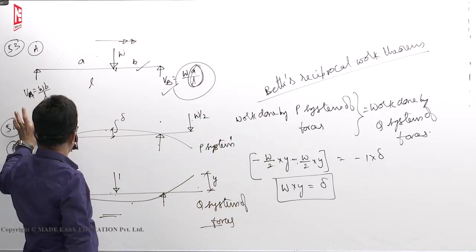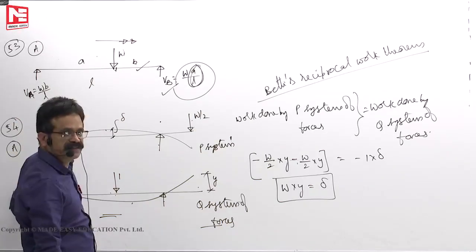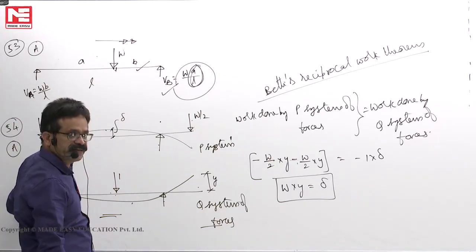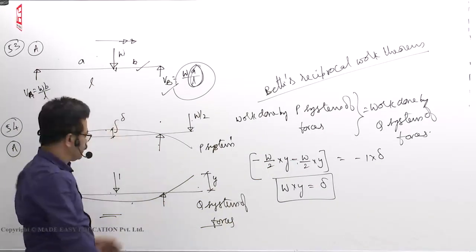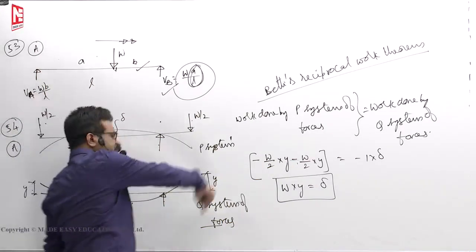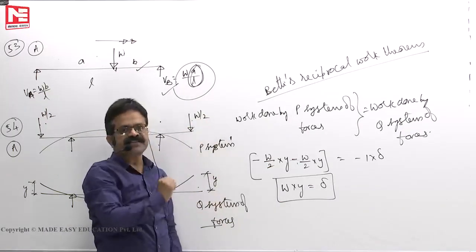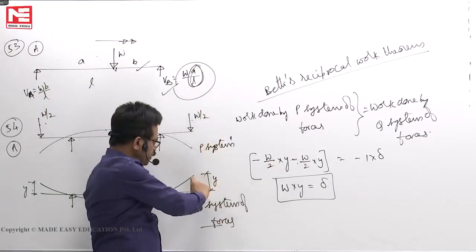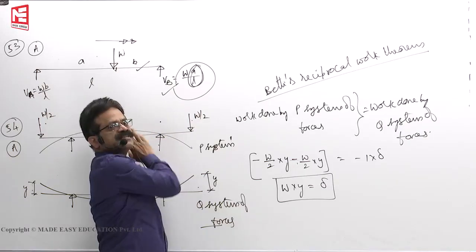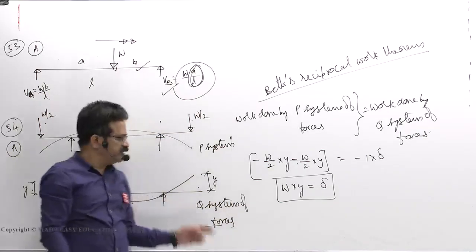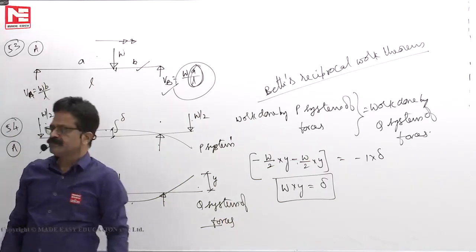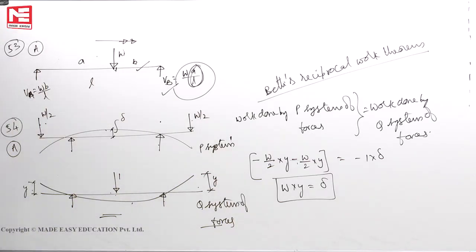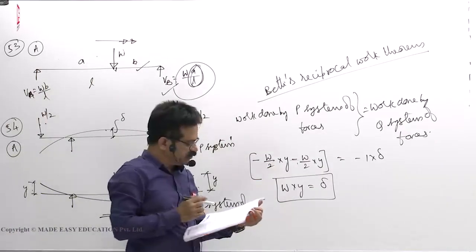Here also the same thing: W by 2 into the corresponding influence line coordinate will give you not the deflection at the free end, but the deflection at center only, because this entire ILD is for deflection at center only. So load into the corresponding coordinate gives you the deflection at center. So this behaves like an ILD, influence line diagram. So assertion and reasoning are correct and the explanation is also correct.